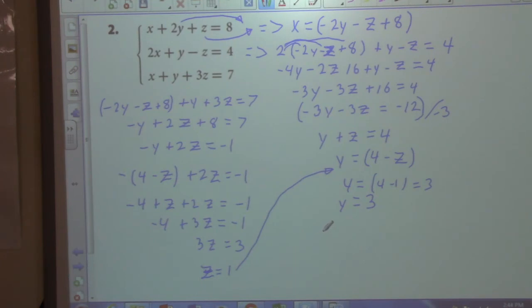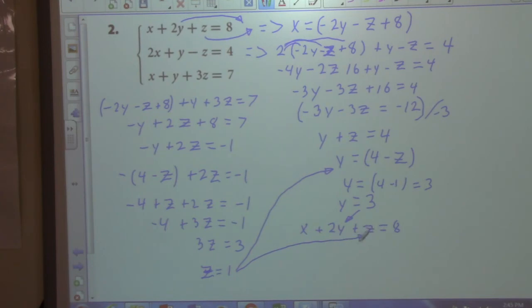Now are we done? Not quite, because we need to find x yet. So if we write x plus 2y plus z is equal to 8, we can take this 3 for y, substitute here, and this 1 for z, substitute here.